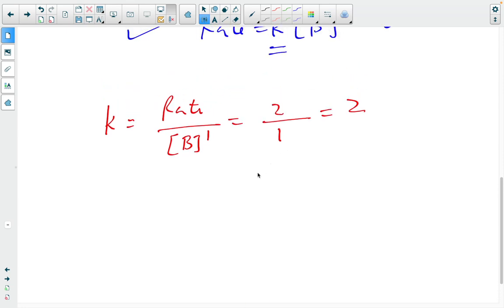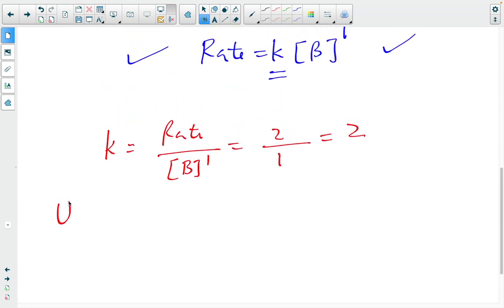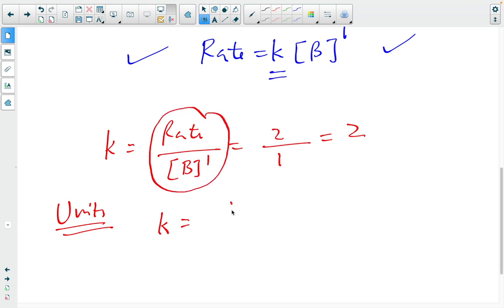The last thing you will be asked to find is the units for K. So the units for K, remember earlier we said it was variable. So the units for K is going to follow this equation right there. The unit for rate is mole per liter per second. By the way, L to the negative 1 basically means 1 over L, so 1 over liter.